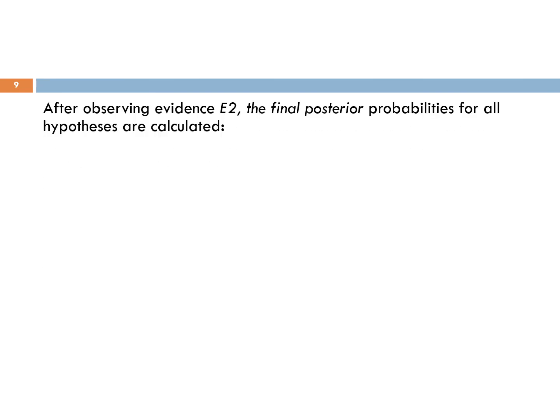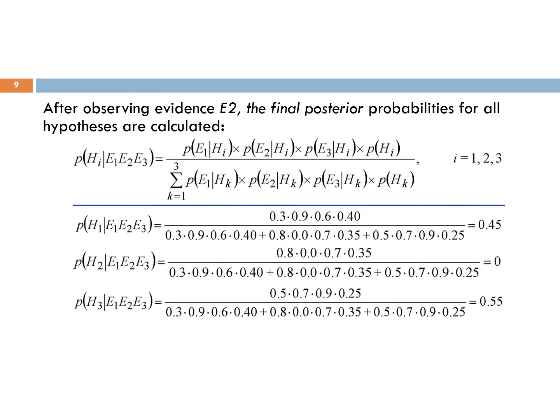Then after observing evidence 2, the final posterior probability of all hypotheses is calculated, and we have the result.